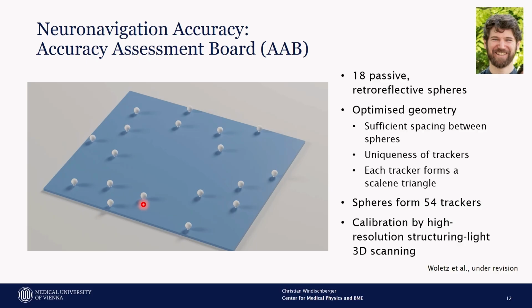What the system is doing is using these 18 spheres to form 54 trackers on one board simultaneously. Then you can show this to the neuronavigation system, and from the 54 trackers that are defined there, where each tracker contains 3 spheres, you can calculate around 1,500 distances between the individual trackers, and you can very nicely measure the accuracy.